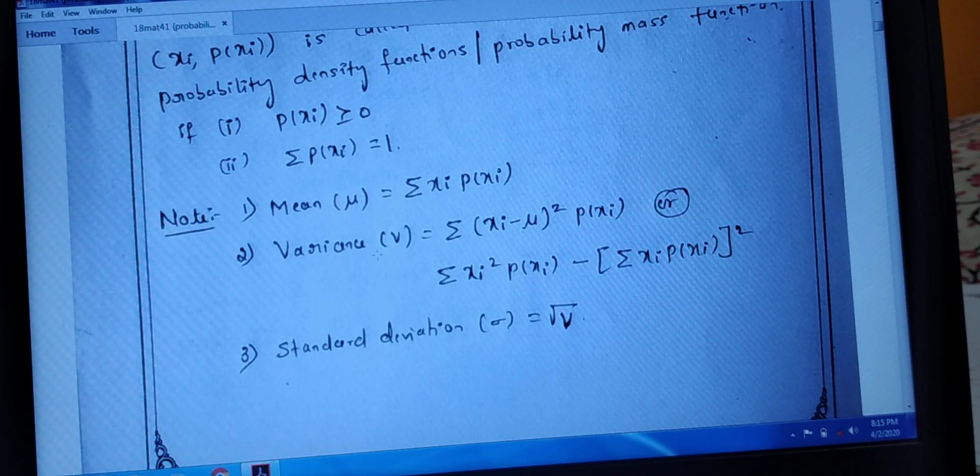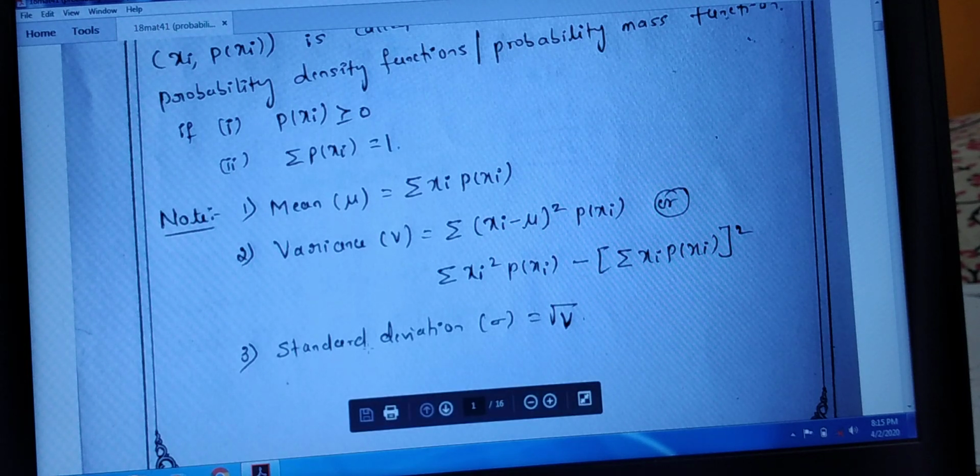Next is the variance, denoted by capital V, which equals the summation of (xi minus mu) the whole square into p of xi, or the other formula, summation of xi square into p of xi minus (summation of xi into p of xi) the whole square. You can use either formula to calculate the variance. The third formula is the standard deviation, denoted by sigma, which equals the square root of the variance.